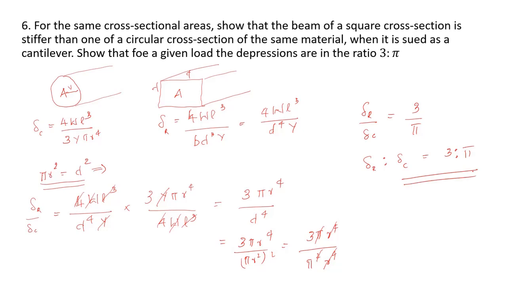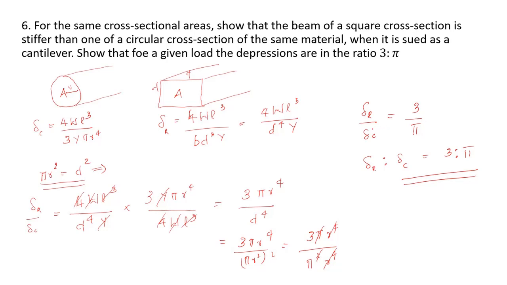And this is how we can solve for delta r and delta c. It will give us a ratio 3 is to pi. We know that the value of pi is greater than 3, that is 3.14 etc. So in case of a beam, we can say that the depression caused in this quantity will be minimal, that is less than 1.